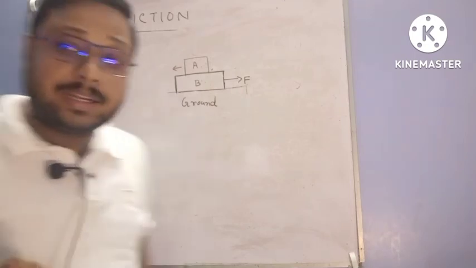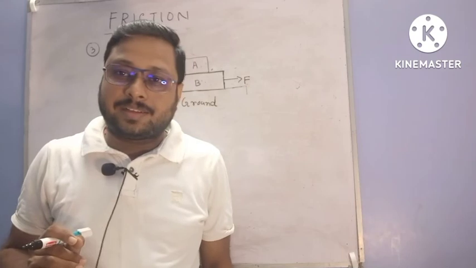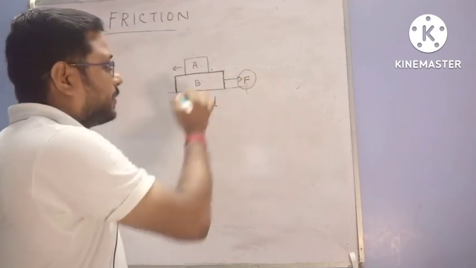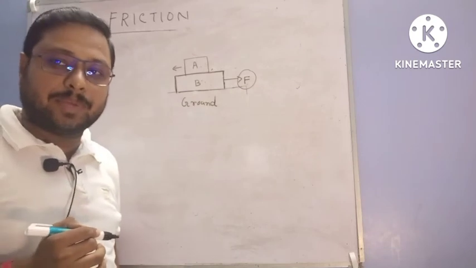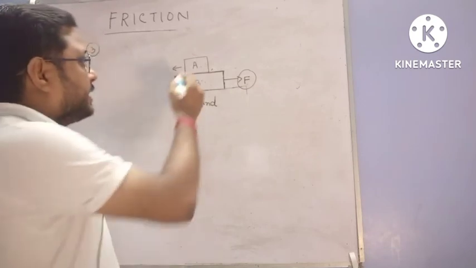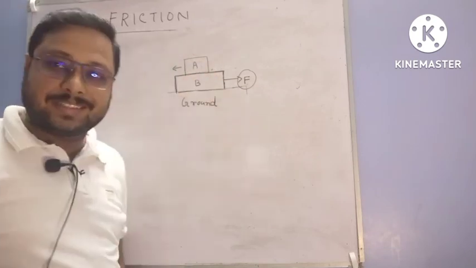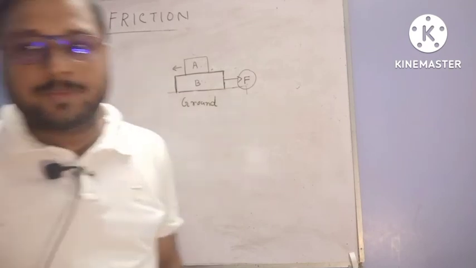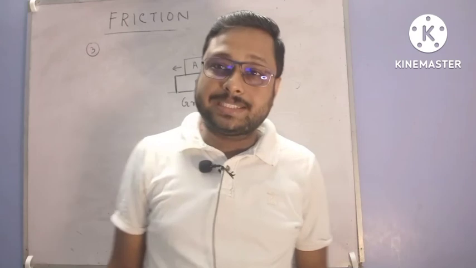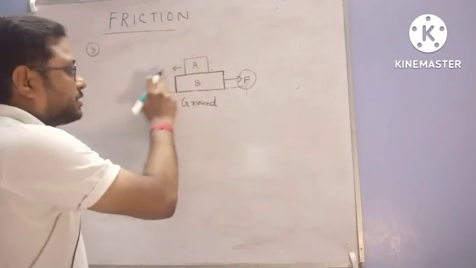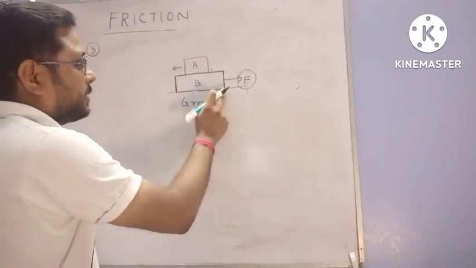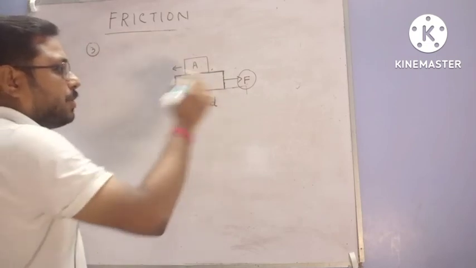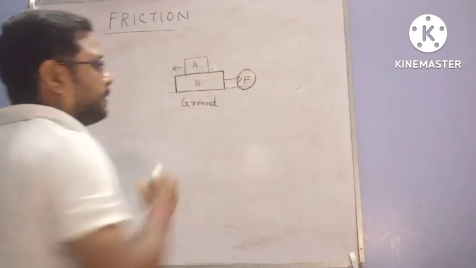But here the question asks what is the maximum value of F so that A does not slide. If A slides, then the problem goes out. Then what is the value of F so that A does not slide out? The coefficient of friction between ground and B is 0.2 and between A and B is 0.2. What is the maximum value of F?